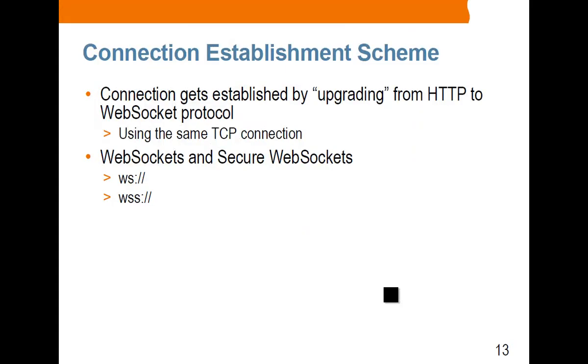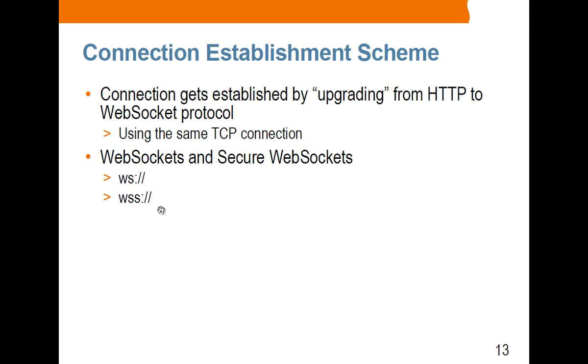To the next topic. Let's talk about the WebSocket protocol. WebSocket connection establishment is done through HTTP. The connection gets established by upgrading from HTTP to the WebSocket protocol using the same TCP connection.